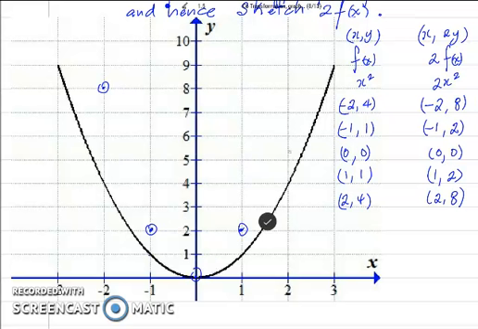You come here. (2, 4) becomes (2, 8). And so the only thing that remains now is for us to sketch our graph.